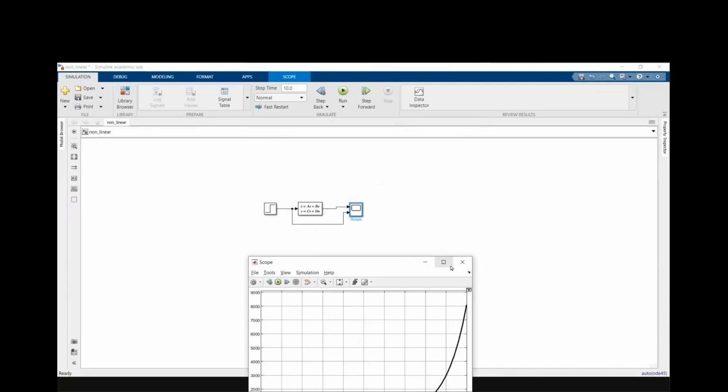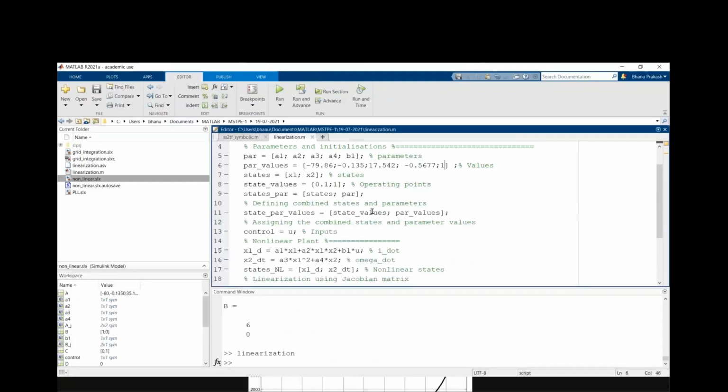I think I have to modify that equation. If I give this, then it will not work. I think I have to add an extra term. Let me add an extra term here. So if I see the terms, then I'll copy the values.